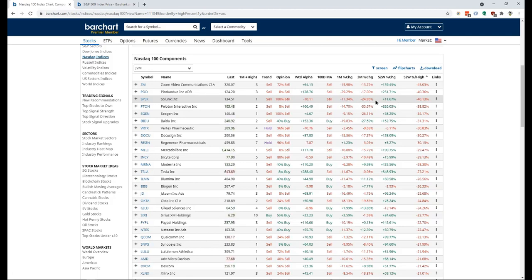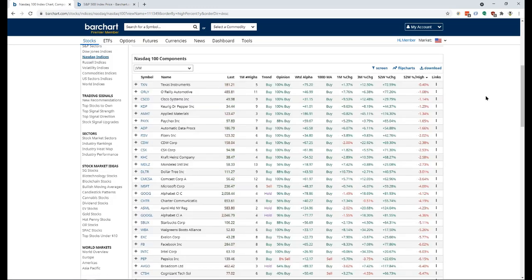Right. Look at the Barchart opinions. The more red you see on your screen, that's what I like about the Barchart. Green means go and red means stop, and so I'm looking for green. So let's click back on that 52-week high and sort them again.